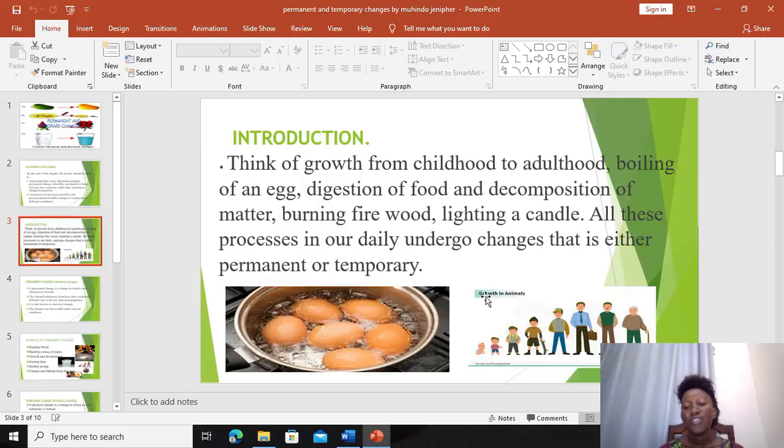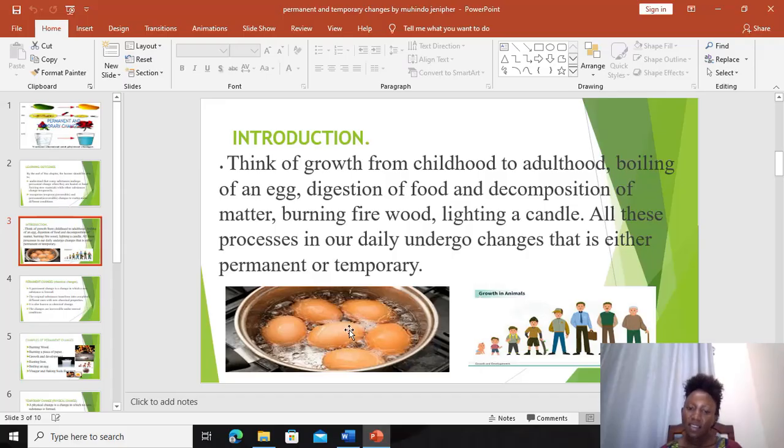In our introduction, think of growth from childhood to adulthood, boiling an egg, digestion of food and decomposition of matter, burning firewood, lighting a candle, and other changes. All these processes in our daily life undergo changes that are either permanent or temporary.